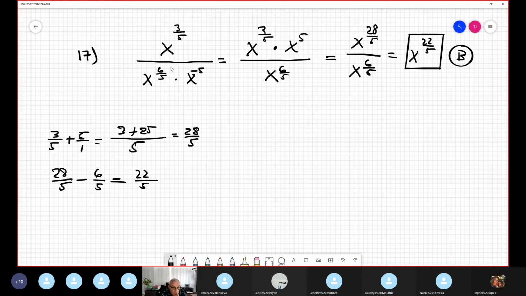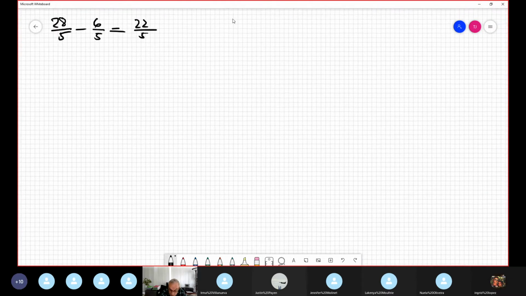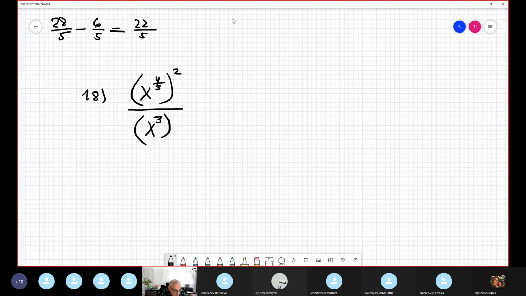Okay, one more. Let's do 18. One more with fraction exponent and negative exponent together. Suppose x to the 4 over 3, everything raised to the second power, divided by x to the third raised to the 5 over 3.